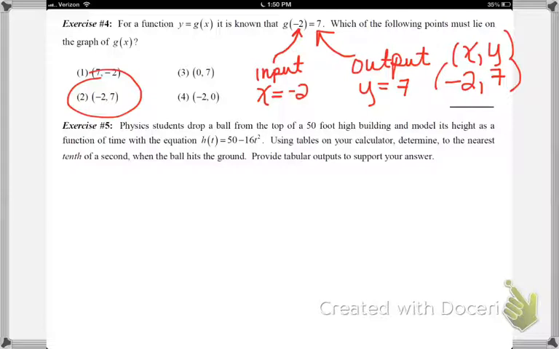So we're going to go to our calculator, and in y1, we're going to place 50 minus 16x squared, and we're going to go to our table set, remember, which is second window. Let's write that down one more time. You should start getting used to this now, though.